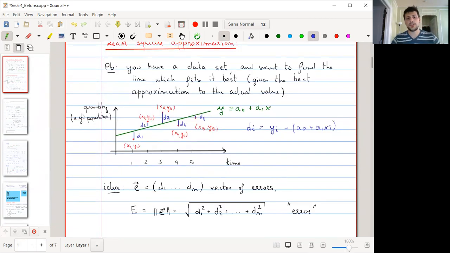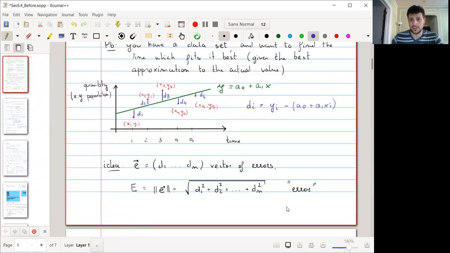Then the next thing we'll do is to build a vector whose entries are all of these distances, all of these errors we're making in approximating the data with this line. And then we take the length of that vector, capital E, which is just the sum of the squares of these errors. You can think of E as some quantity that measures how off our approximation with a line is from the data set.